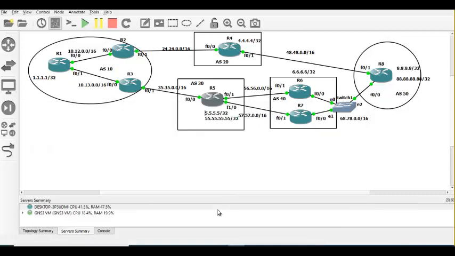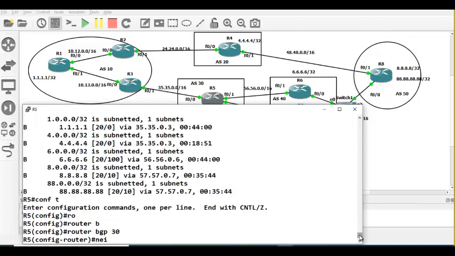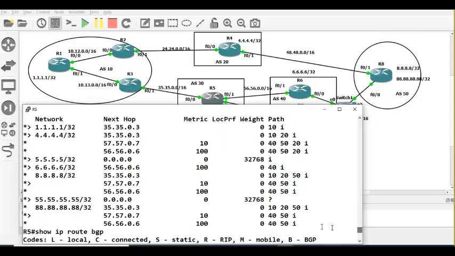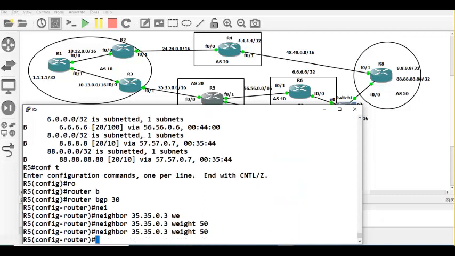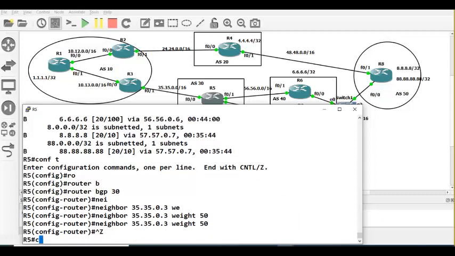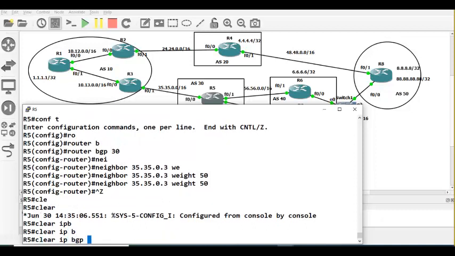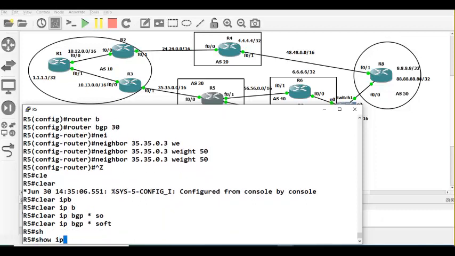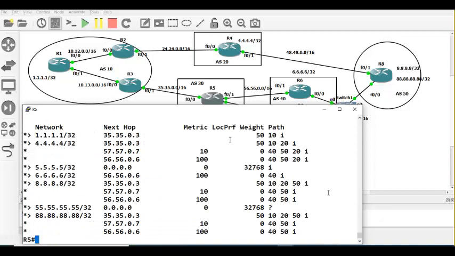It won't go this way, it will start going this way. After I hit enter, clear IP BGP starts off. Show IP BGP, boom, look at this. Because I set 50, even though the AS path is too high, the greater than symbol has been shifted.